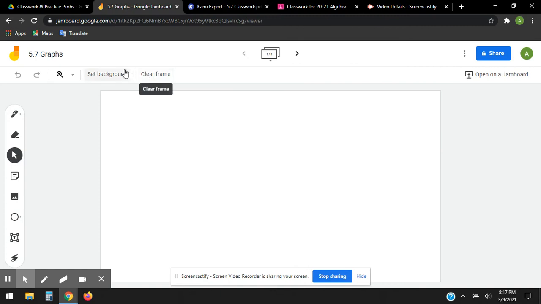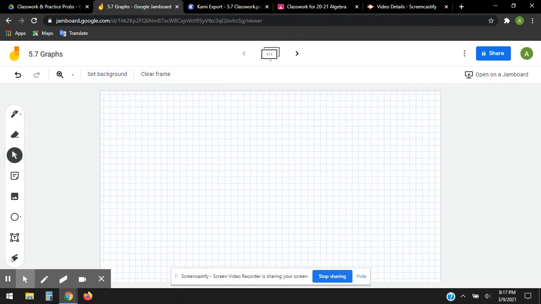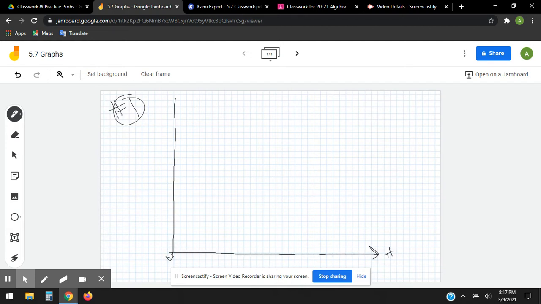So let's make a graph. X was the number of windows. This was the cost, and we had it going up to 130, didn't we? Let's count: 1, 2, 3, up to 20.